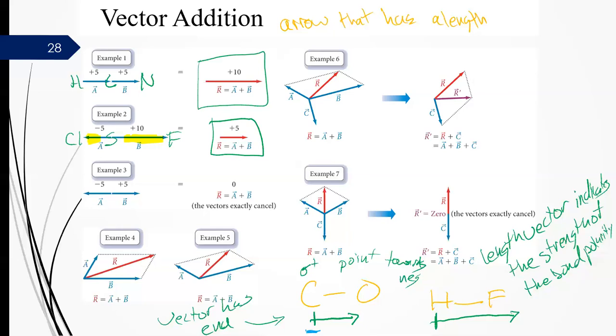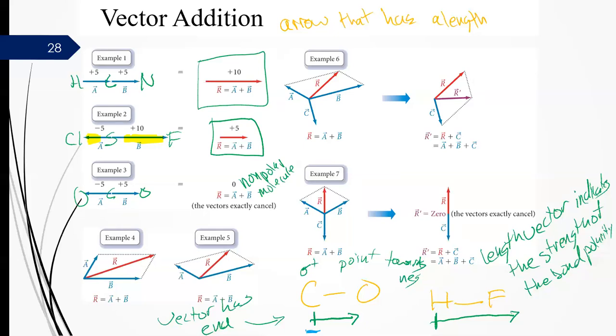That's different than our carbon dioxide example, which would be like example number 3, where we're having an equal pull in opposite directions. And since they perfectly cancel out, then we end up with a nonpolar molecule. So not only does the length of them matter, but also their direction.